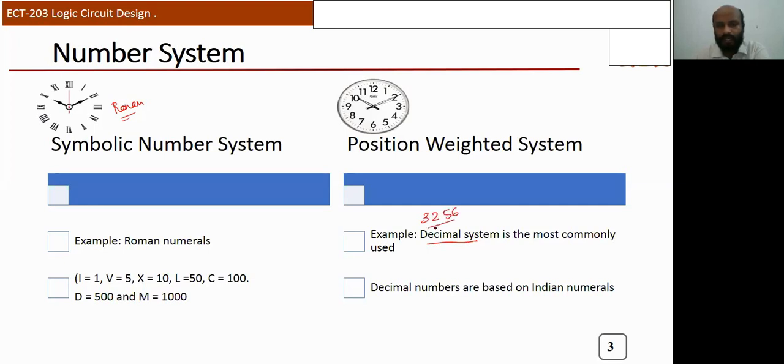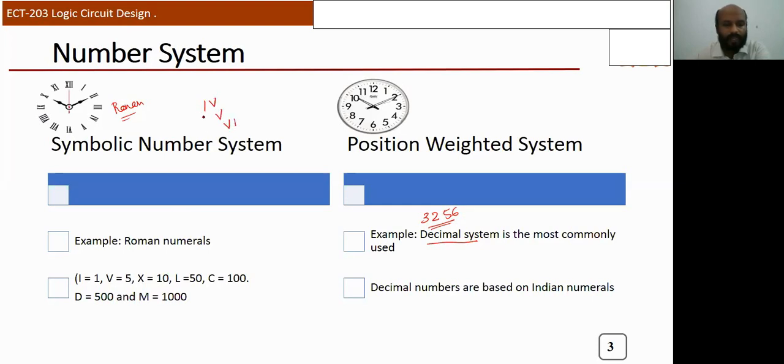I can easily represent this number, but 3256 is not that easy to represent in Roman, because in the Roman number system, for each number we need to use a different symbol. For example, we know this is 4, this is 5, and this is 6.